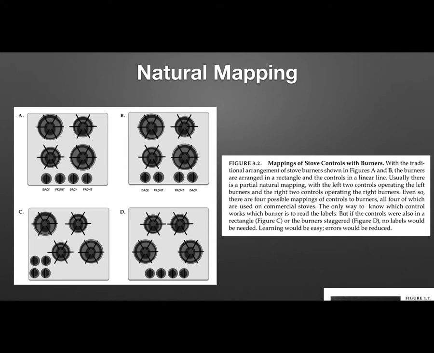But essentially, there's not a great answer for something like this. There's not an entirely natural mapping here. You could put 2 down here, 2 over here, but that's not really helpful either. So most of the time you'll see some kind of legend that tells you what controls what.